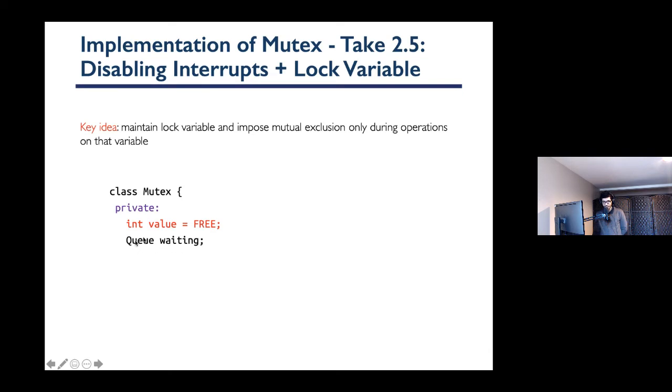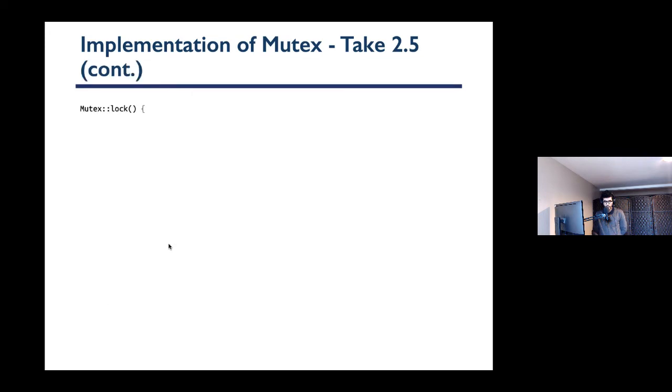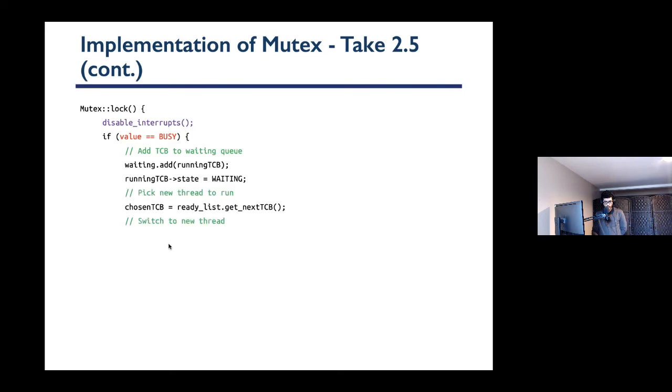This is a member of class Mutex where we're going to put every thread that wants to wait while this Mutex is locked. And then it has two functions, lock and unlock. Let's look at the lock implementation. Let me just get it all down, and then we'll talk about it.